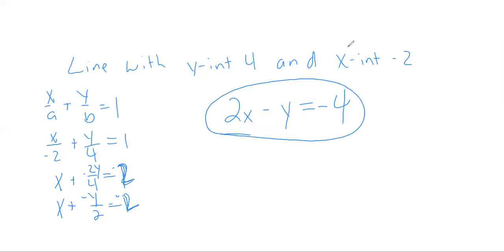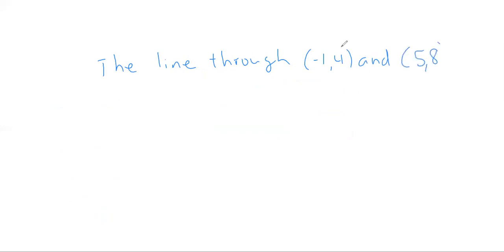Next, let's look at another one. This time they're going to give you the line through -1, 4 and 5, 8.